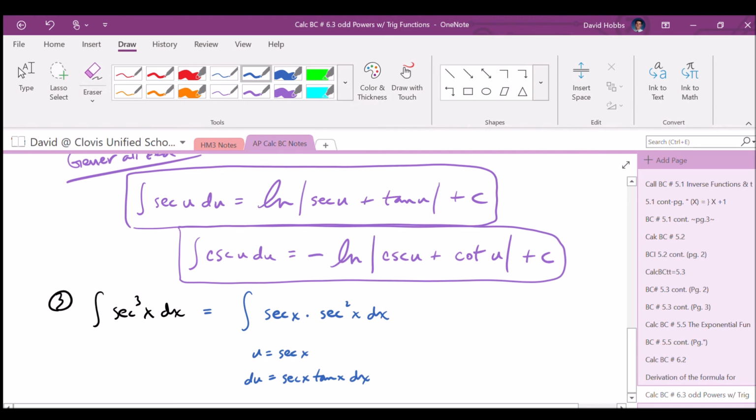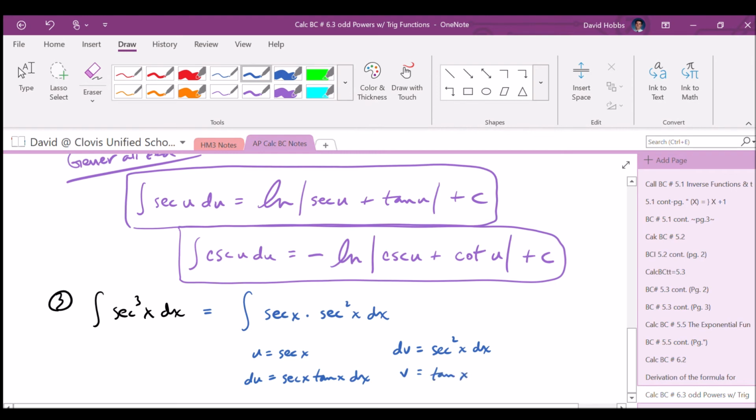Then the dv is whatever is left, so secant squared x dx. The reason it was nice to choose this is that secant squared is easy to integrate, because secant squared is the derivative of tangent.